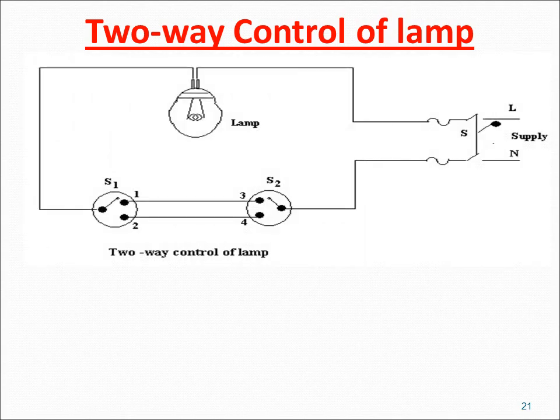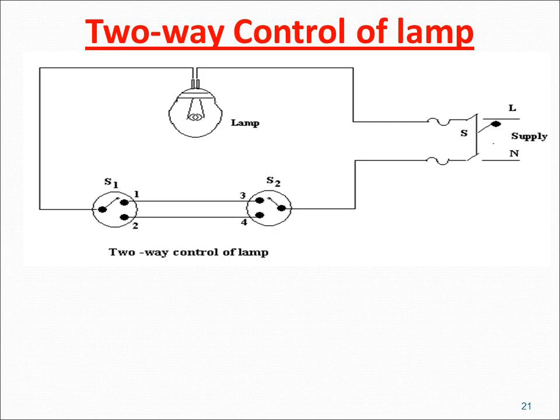Next we'll study the different lamp controls, how we can control the lamp. There are two types: two-way control of lamp and three-way control of lamp. We have already studied this type of switching system in the basic electrical lab. One lamp can be controlled by two switches by two-way control. We have seen this in the staircase, in a big hall or bedroom, switching on or off a single lamp using two switches.